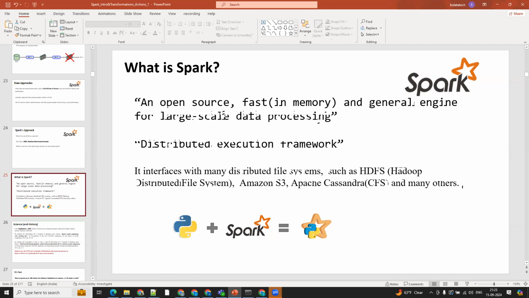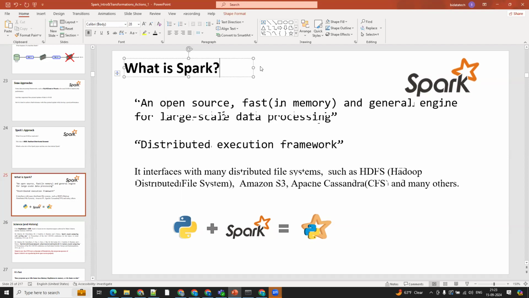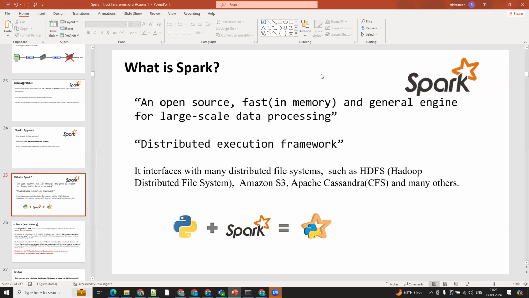You know, when Spark was released into the market, it was just 300 lines of code. That's it, initially, when it was released. So it's open source, and computation will happen in the RAM, and it's a general engine.